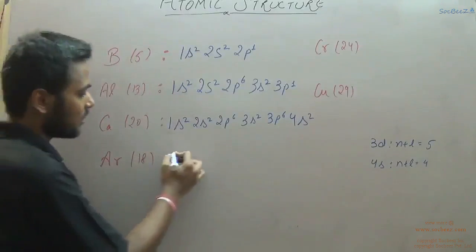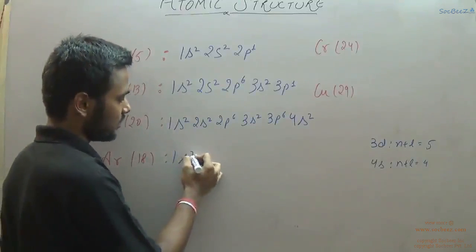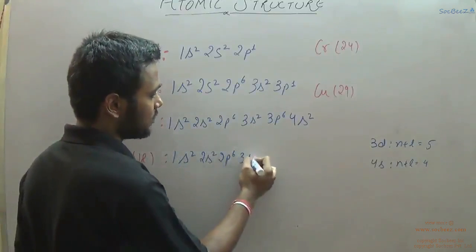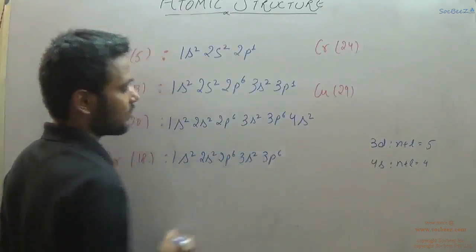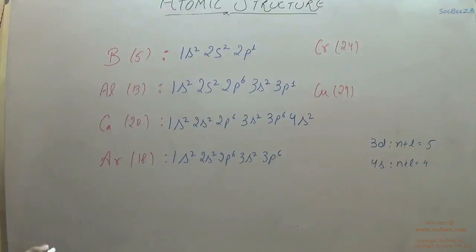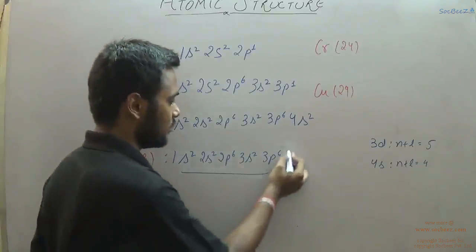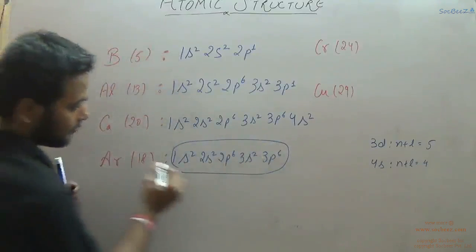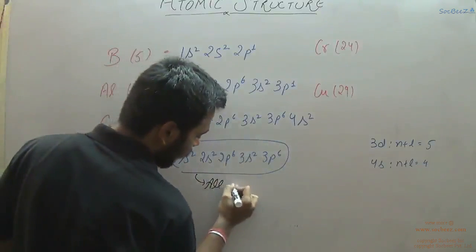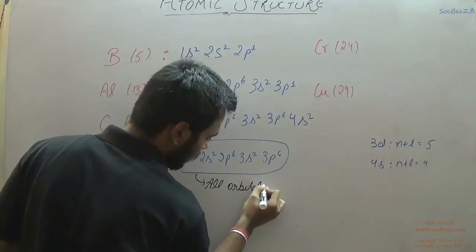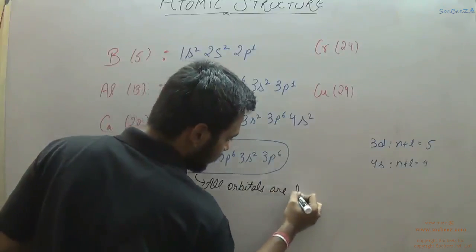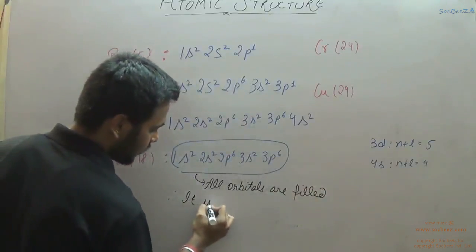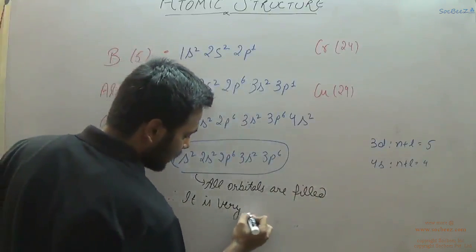So in case of argon, this is 1s2, 2s2, 2p6, 3s2, 3p6. This is the electronic configuration for argon. Since all the orbitals are filled here, it is very stable.